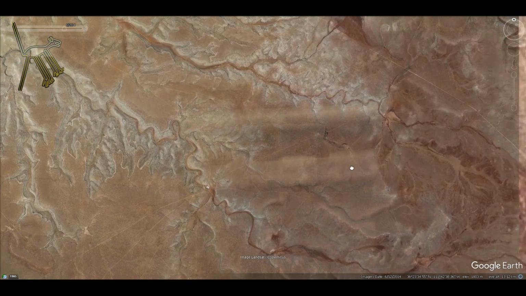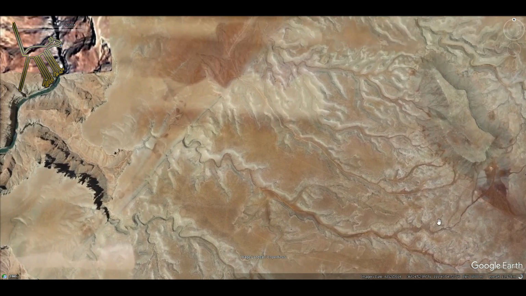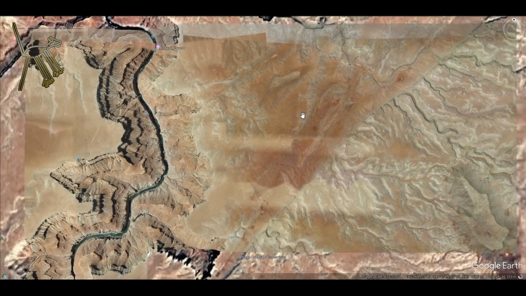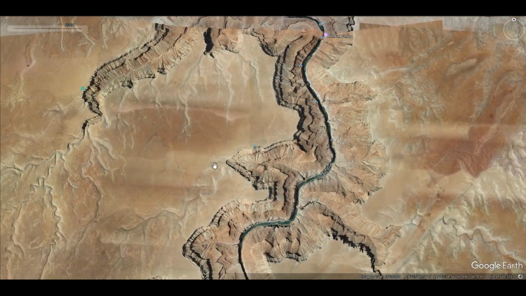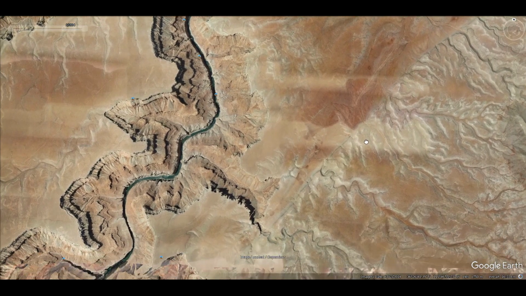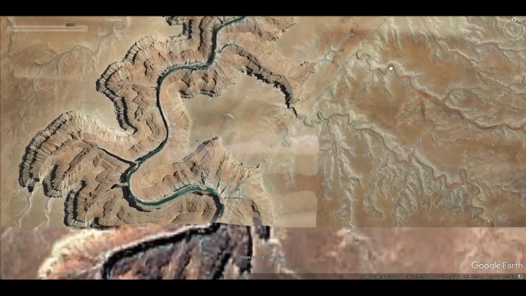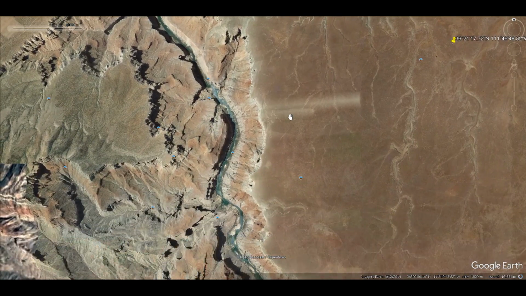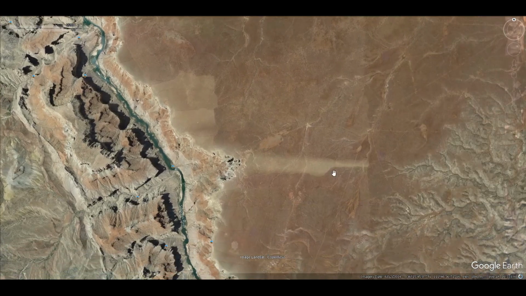As we have already said, these columns were hollow and therefore susceptible to damage from such great destruction. Look at this.